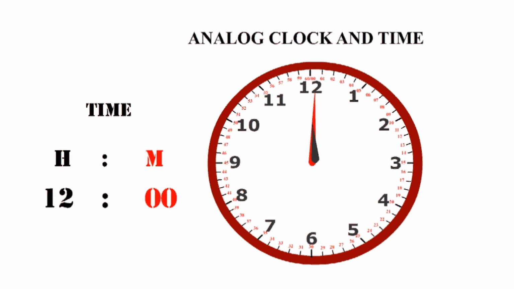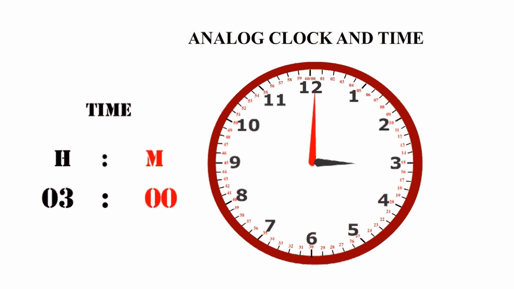Whatever black number the short hand is pointing at is the hour. As seen in this video, the short hand is pointing at 12. That is 12 o'clock, because the long hand is also pointing at 12 at the same time. If the short hand is pointing at 1, while the long hand is pointing at 12, that is 1 o'clock. If the short hand is pointing at 3, while the long hand is at 12, then it's 3 o'clock.